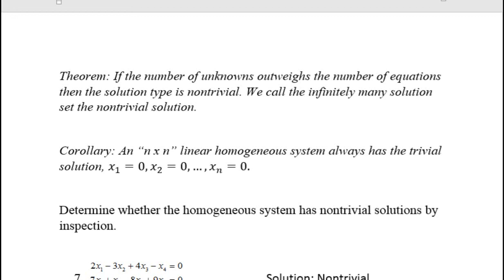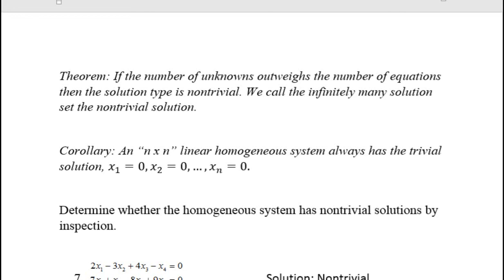Here's a corollary, which is no more than a minor consequence of a theorem that is correlated to another theorem. This says that an n by n linear homogeneous system, n by n meaning the number of rows is the same as the number of columns. If I have 3 columns, I have 3 rows.